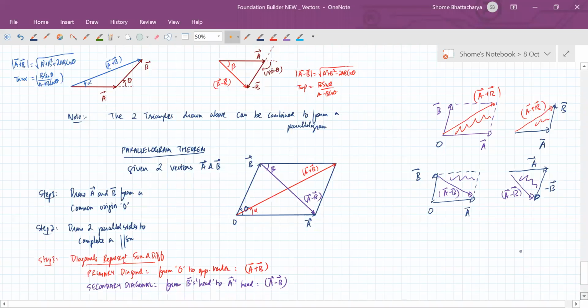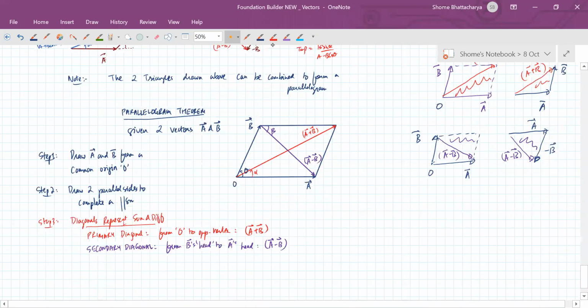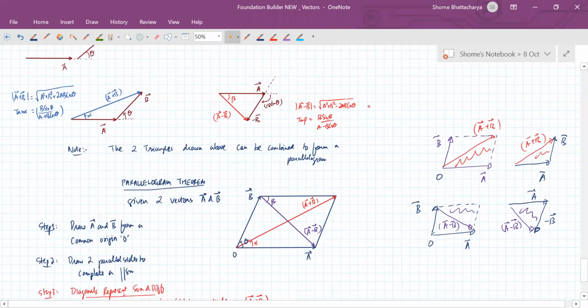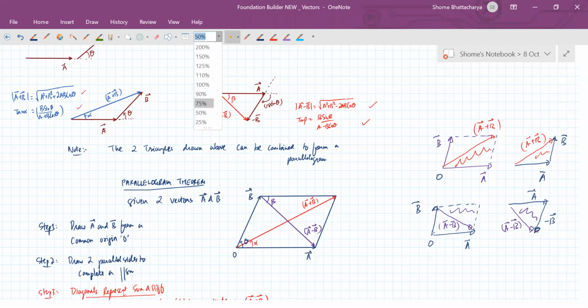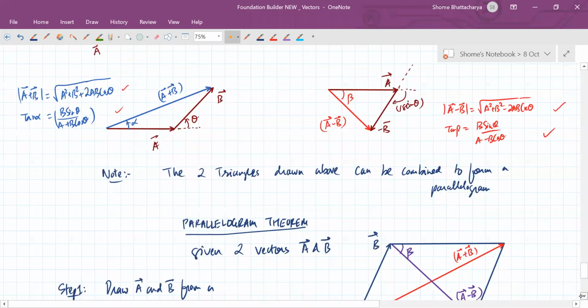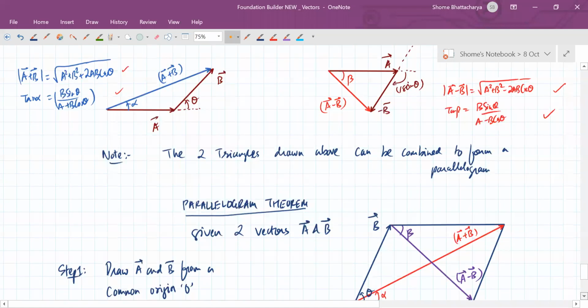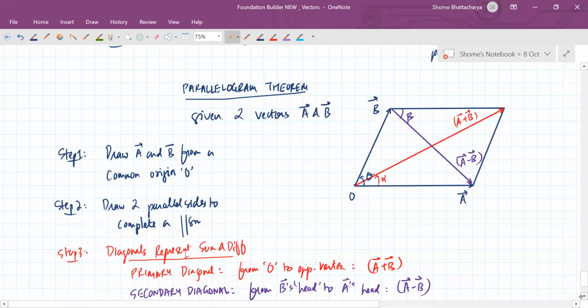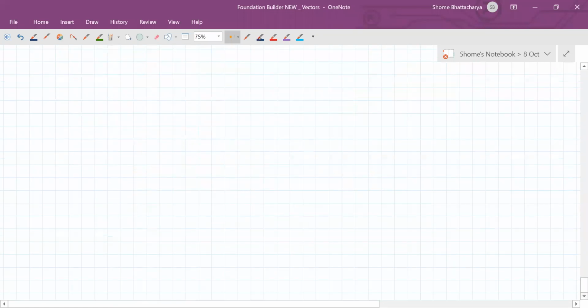Now, as I said, there's no new information over here. So obviously the formula for this will be the same as the formula we've written above. For the difference, these are the formulae. For the sum, these are the formulae. But you'll see the advantage of using the parallelogram law is that in any type of situation, any type of question where we are comparing the sum and difference, it's useful because in the same figure we are able to compare geometrically.